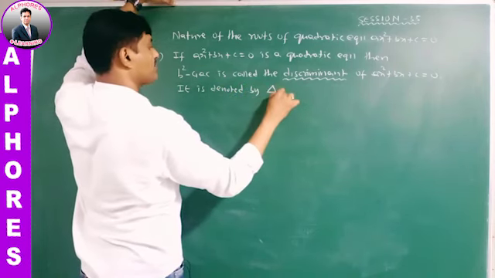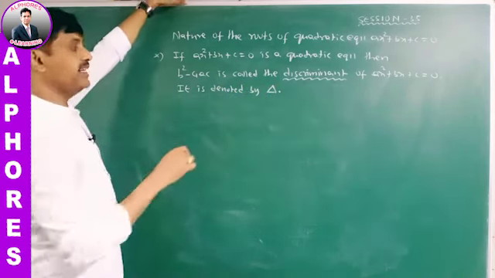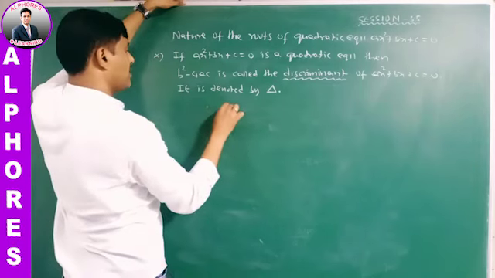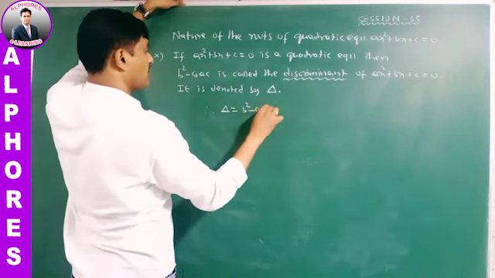It is denoted by delta, and therefore delta is equal to b square minus 4ac.